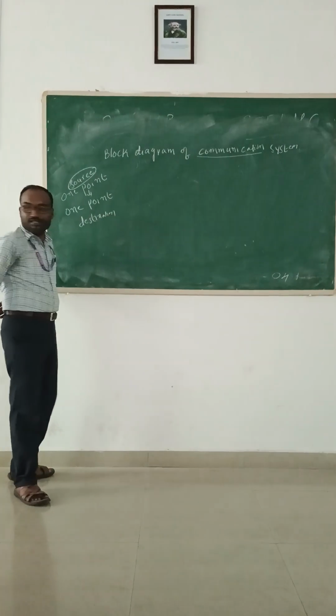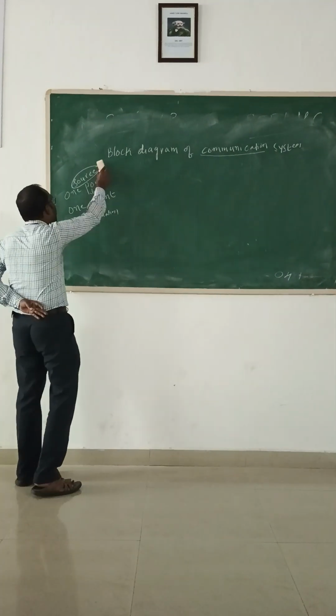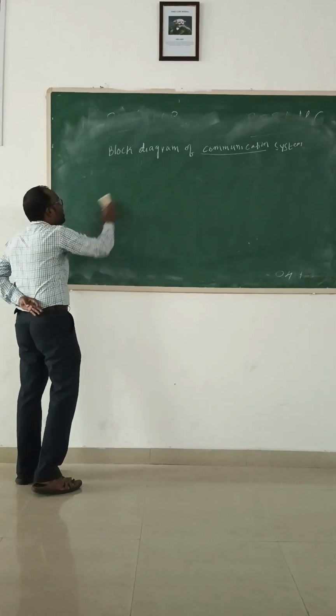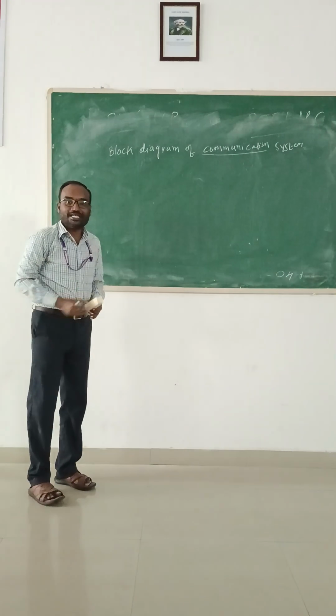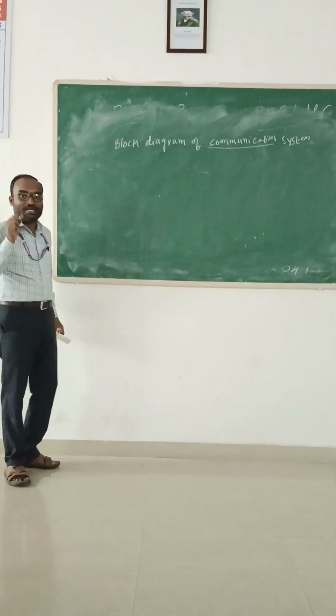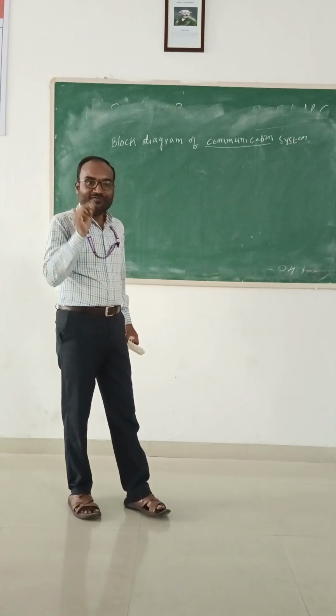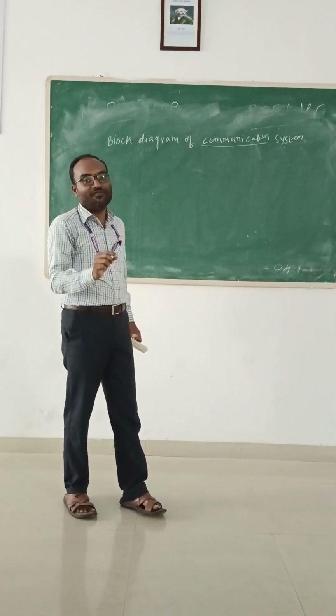If there is any transfer of information from the point called the source to the destination, we call it communication. Here the transfer of information means the information should be meaningful.